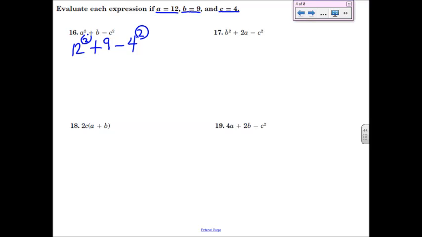So 12 squared is 144. 4 squared is 16. And then we work from left to right with addition and subtraction. So 144 plus 9 is 153. And then 153 minus 16 is 137.